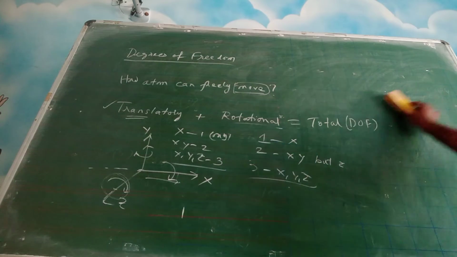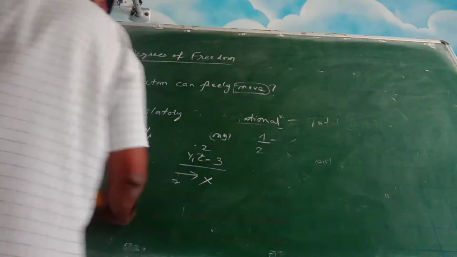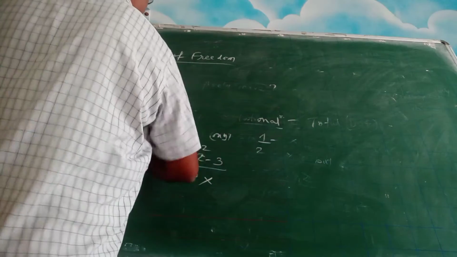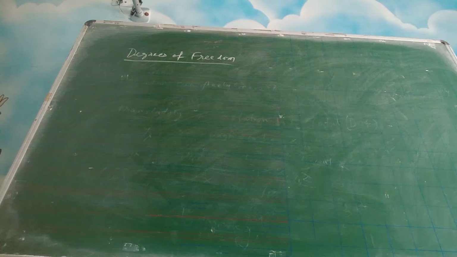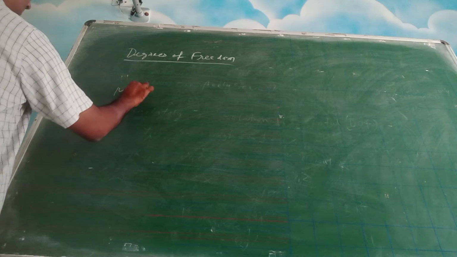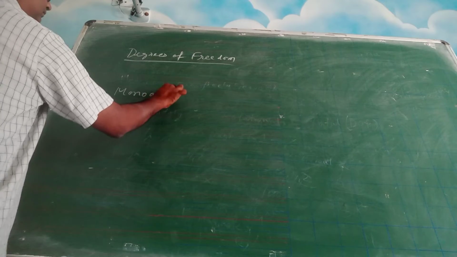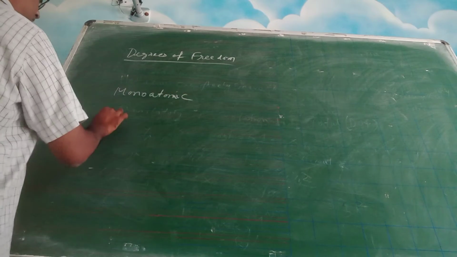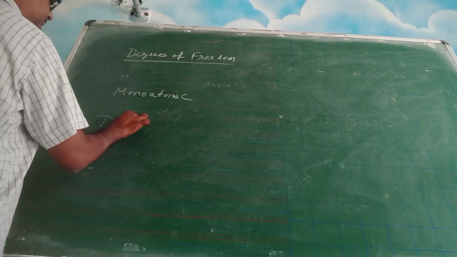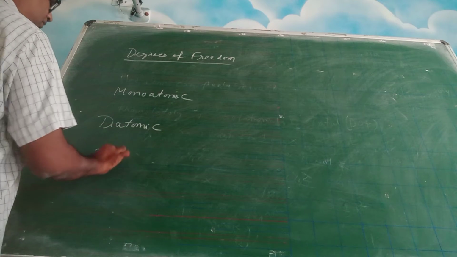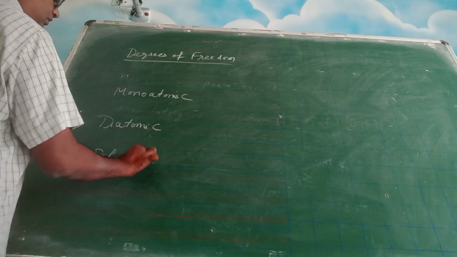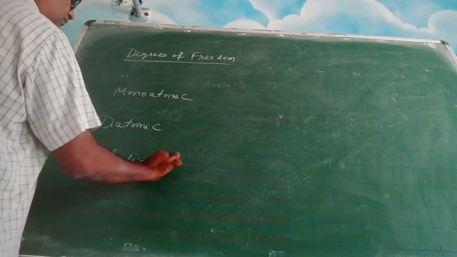So we will apply this concept to our gas molecules. So our gas molecules come in 3 varieties. Monoatomic, I told you, diatomic and polyatomic. Poly you call it, triatomic you call it, or many atoms.